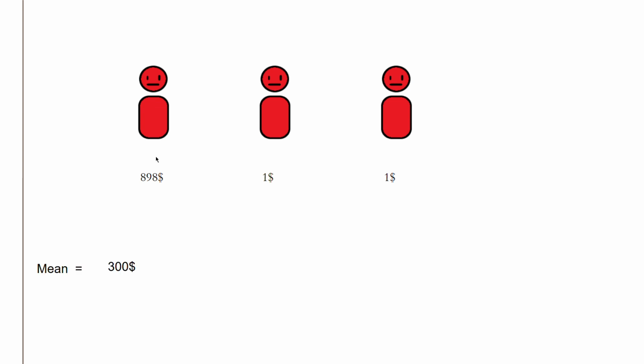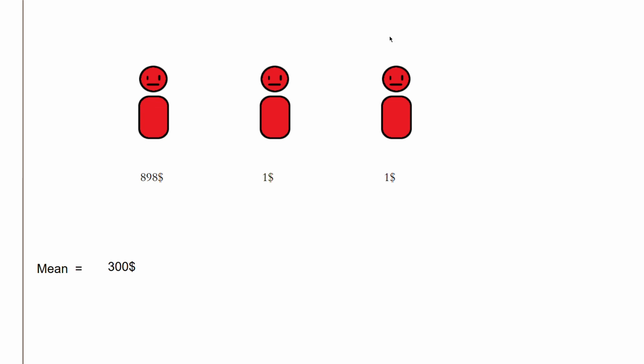If you do the exact same thing, which is 898 plus 1 plus 1 divided by 3, you'll get $300. So what is the difference between $300 here and $300 here? The mean, as I said, is a typical value. So that means if you go into this company, you should expect yourself getting $300. But at the same time, if you only ask for the mean of the company and you do not know these numbers, and you see that the mean is $300 and you expect yourself to get $300 and you'll be another one of those people who gets $1, you will be a bit shocked, won't you?